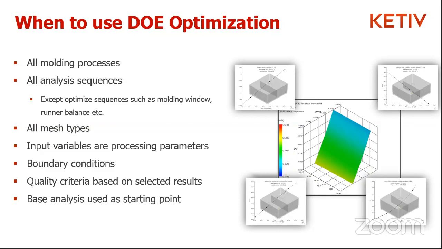Yep. But no, honestly, when you would use this is especially when your input variables are processing parameters. I think I've had a couple of cases where I had a single variable, and I just wanted to map out an old classic viscosity study that was being done on the floor.